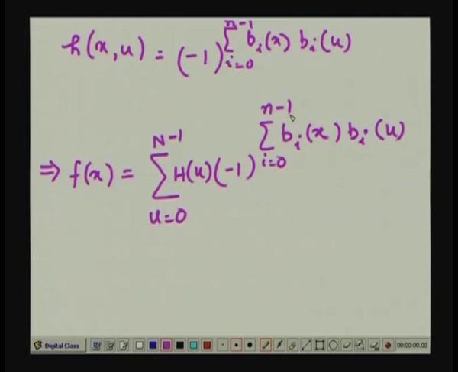So, these are the forward and inverse Hadamard transformation in case of one dimension.